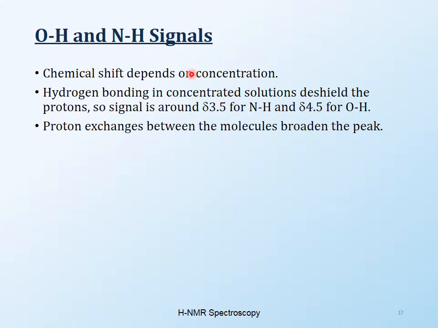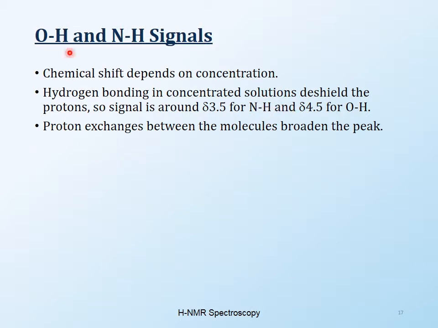The chemical shift in their signal depends on the concentration of the sample that you have, which means that you may see a little peak there, or maybe you may see a large peak in there. Then there is also the case of hydrogen bonding going on. The hydrogen bonding will deshield the protons, so the signals will be a little bit more deshielded.